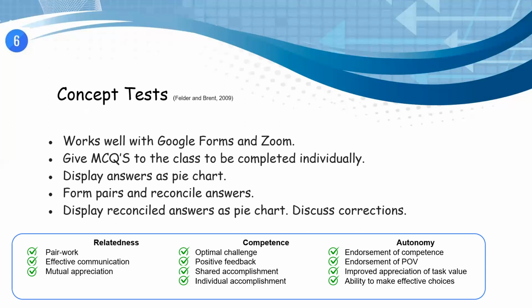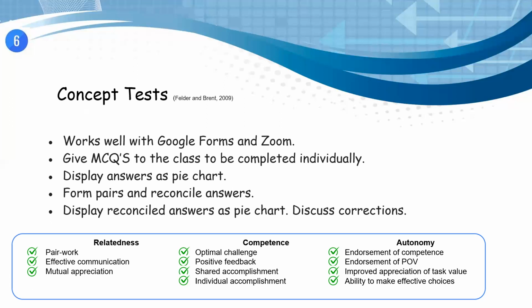It allows online students and in-class students to participate together. It allows them to see the same information. It allows them to feel included. And as we can see, it enhances all three of the basic psychological needs of self-determination theory: relatedness, competence, and autonomy.